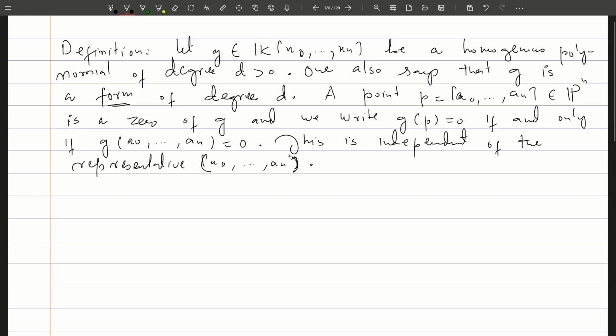Let us draw the curved brackets. Now let us consider S to be a subset of the polynomial ring, a set of homogeneous polynomials.